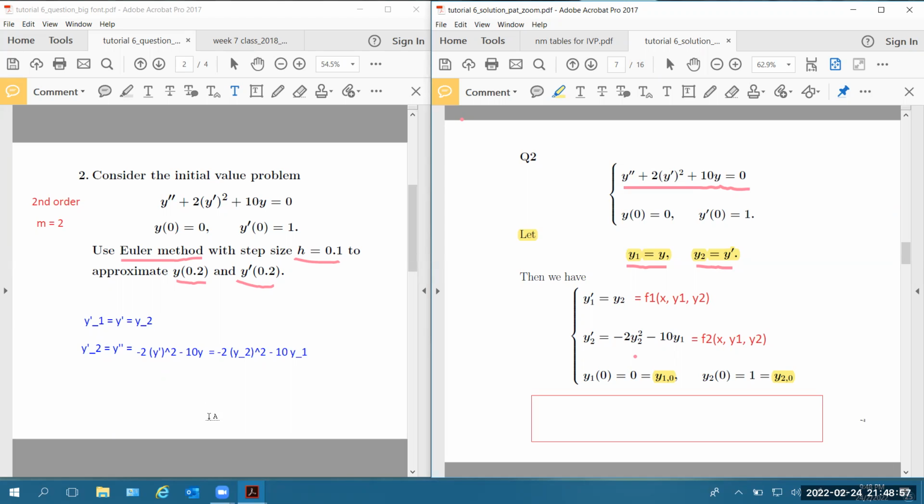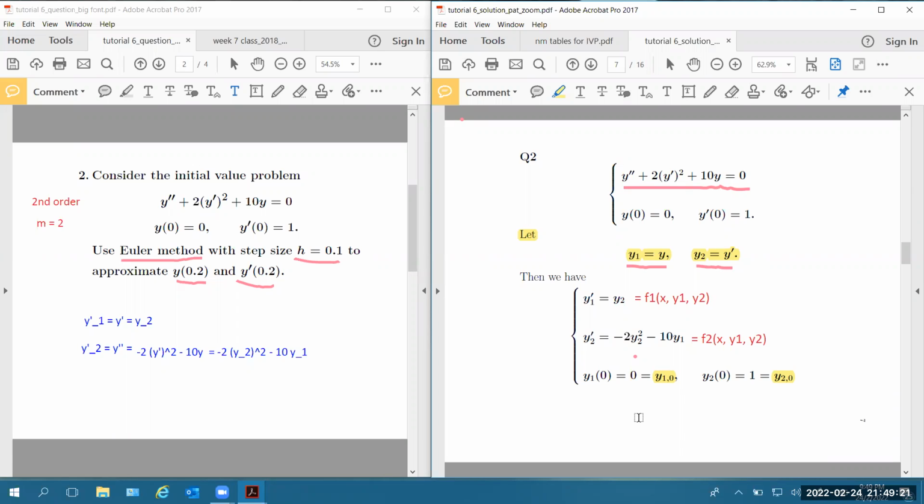So when you reach here, you complete that. Now your second order initial value problem has become a system of 2 first order equations. Is it okay? All right.